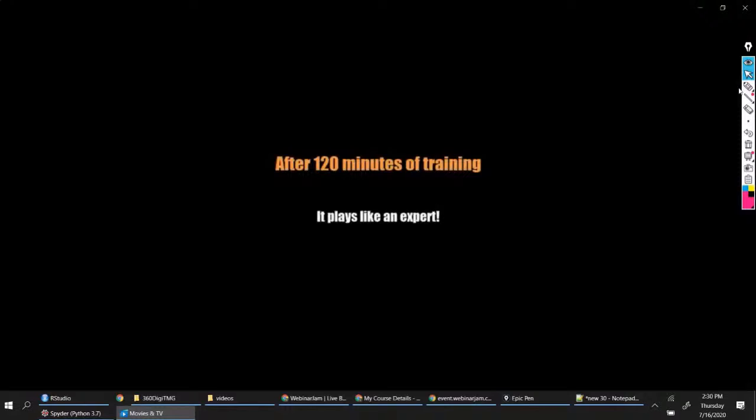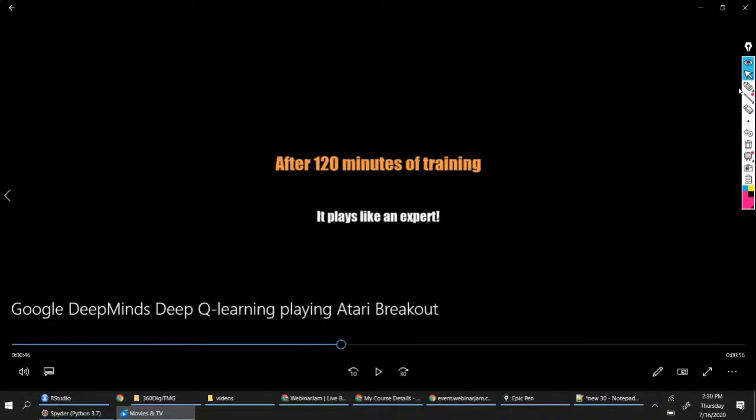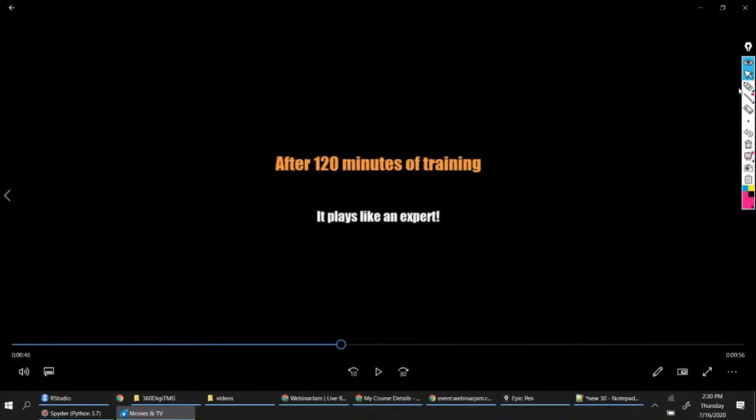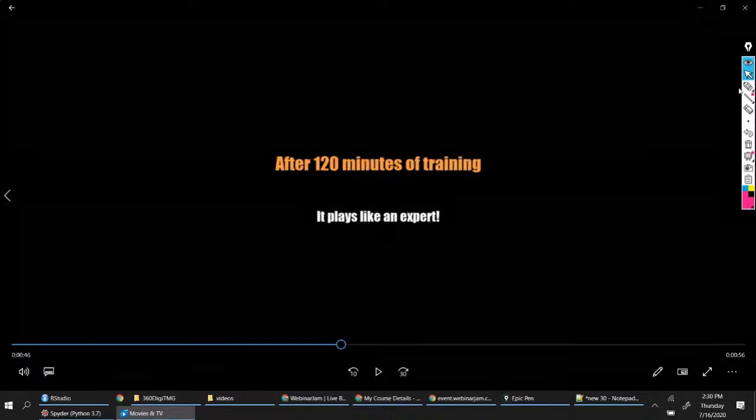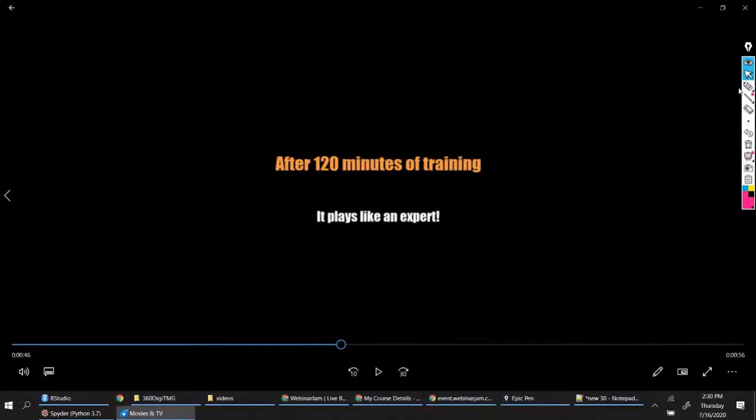Kid is also the same. He'll be very rusty when he starts playing, but as he practices, his memory enhances on the learnings. Same way here, the algorithm is constantly learning, and now it has been 120 minutes of training.